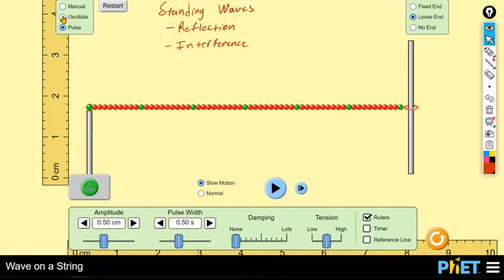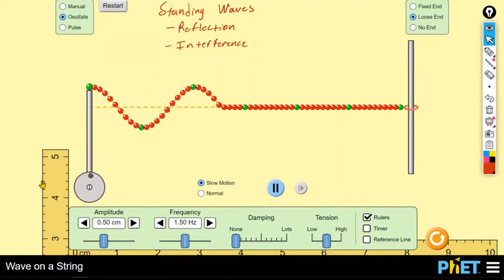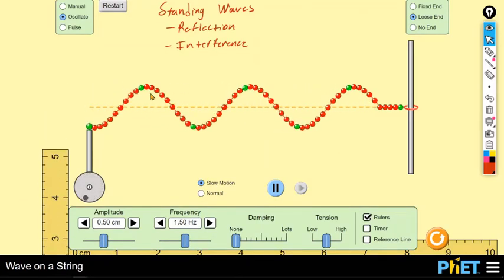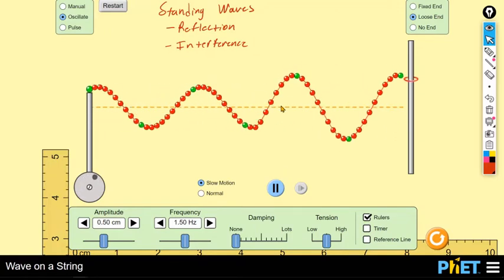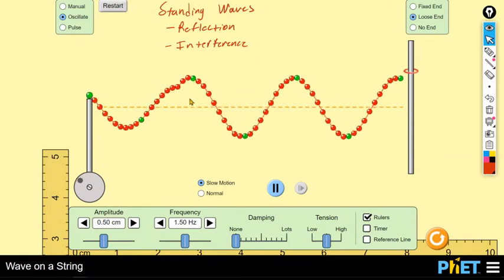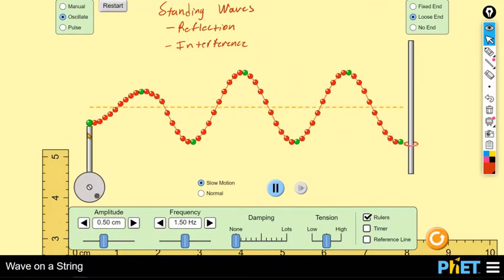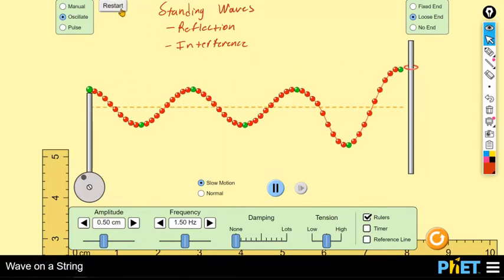Okay, so I'm going to set my source, I'm not going to do pulses anymore, I'm going to set it to oscillate so that my frequency source is periodic, making a periodic wave. Okay, so he's sending out periodic waves, and you can see they get reflected and then pass through the additional waves that are being sent out. So in standing waves, here's what we have going on. I'll restart it.